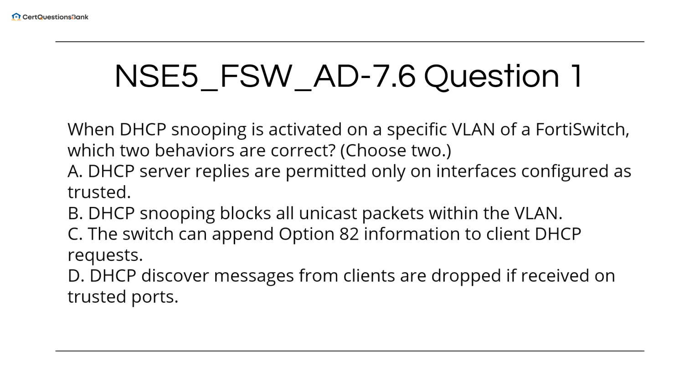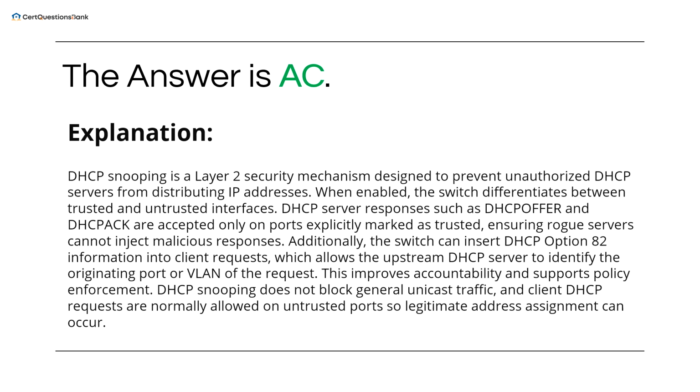C. The switch can append option 82 information to client DHCP requests. D. DHCP discover messages from clients are dropped if received on trusted ports. The answer is AC.